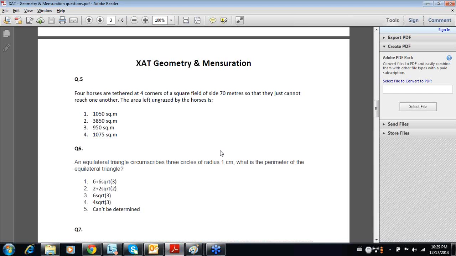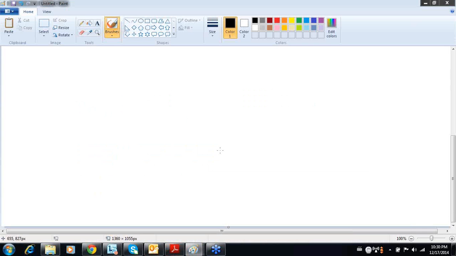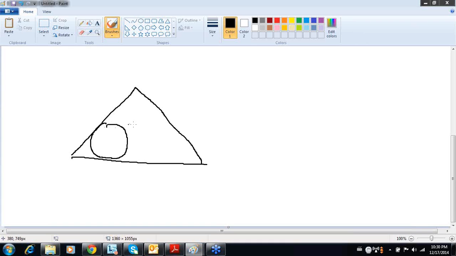What is the perimeter of the equilateral triangle? So the question is very simple. So we have an equilateral triangle with 3 circles. Okay, I think the circle.